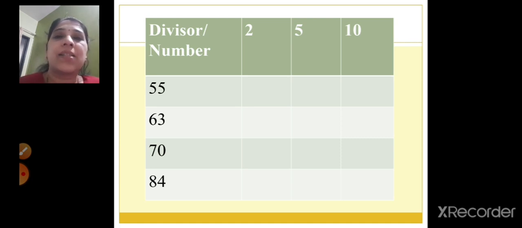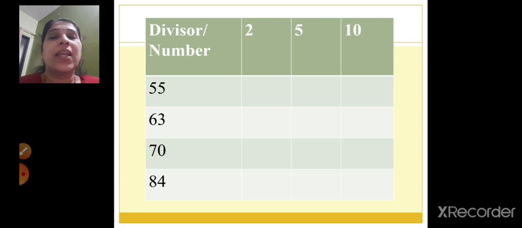So that means it is a multiple. Then test for divisibility of 2 was that in the units place it should be either 0, 2, 4, 6 and 8. And test for divisibility for 5 was that 0 or 5 should be in the units place. And the test for divisibility for 10 was that in the units place it should be 0, right?